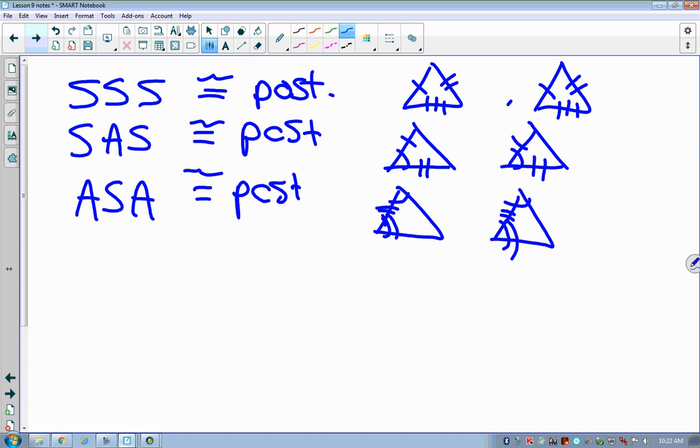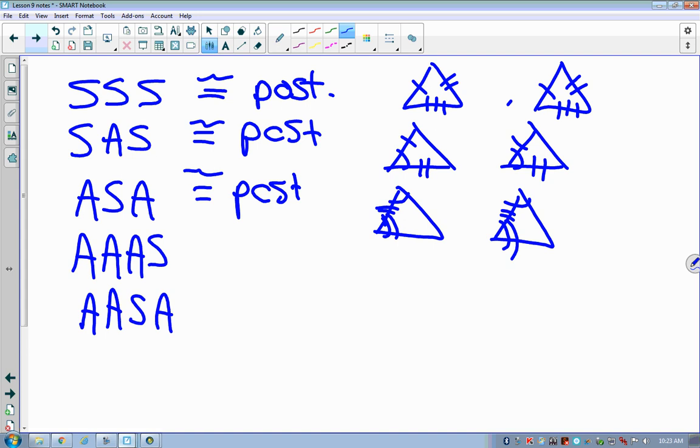And we also have, it doesn't really matter at this point, what they call angle, angle, angle, side, or angle, angle, side, angle.